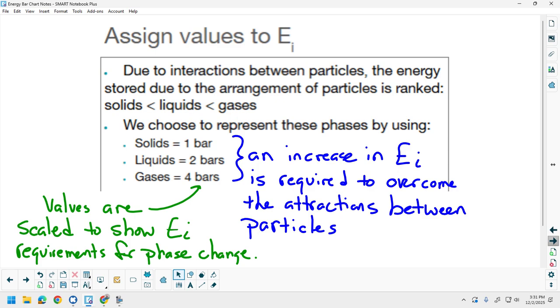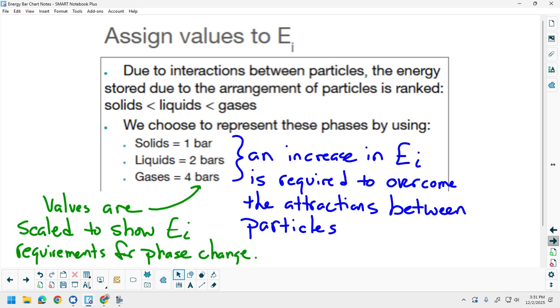So it's not necessarily that it takes twice as much energy to turn a liquid into a gas, but it definitely takes a lot more. And next week, when we start to get into more of the quantitative analysis, we'll see some of those values and we'll see why we have 4 bars for gases and 2 bars for liquids.